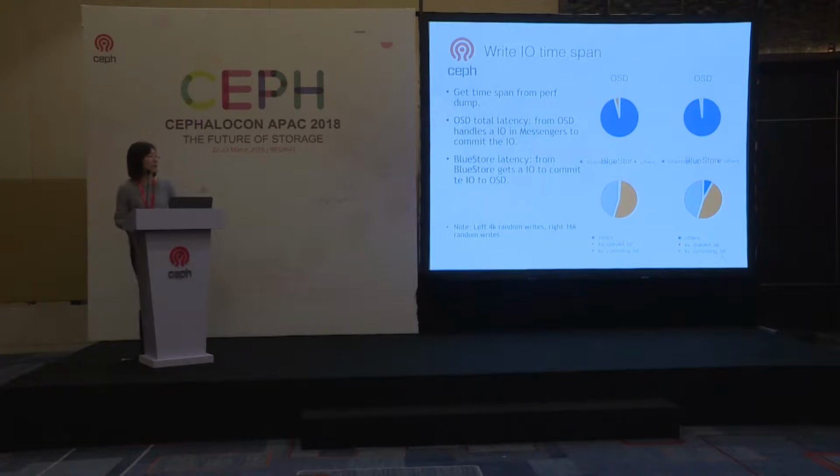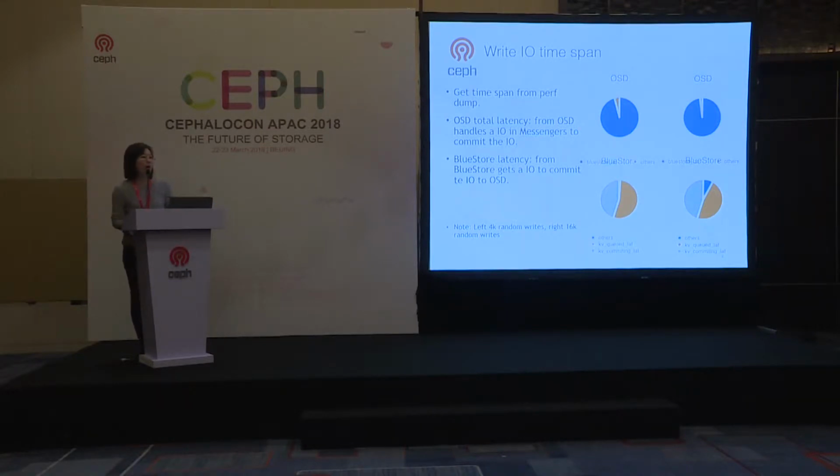The bottom chart is the latency inside the BlueStore. You can see there are two kinds of main latency in BlueStore. One is KVQ latency. That is when metadata are submitted to the RocksDB, they have to queue. So the queue latency is high, so the wait latency is high.